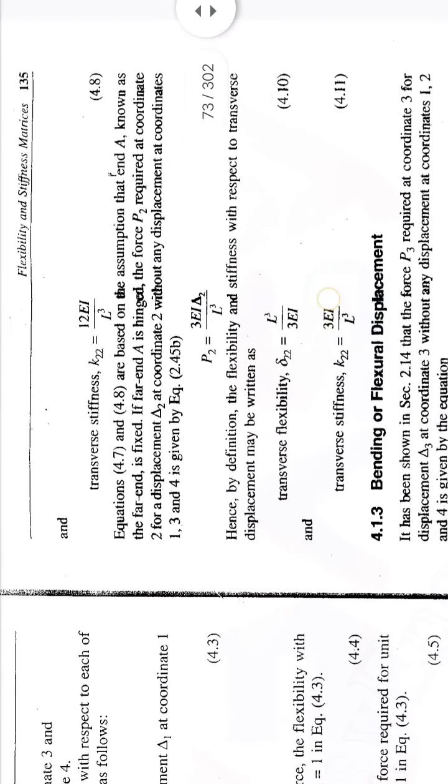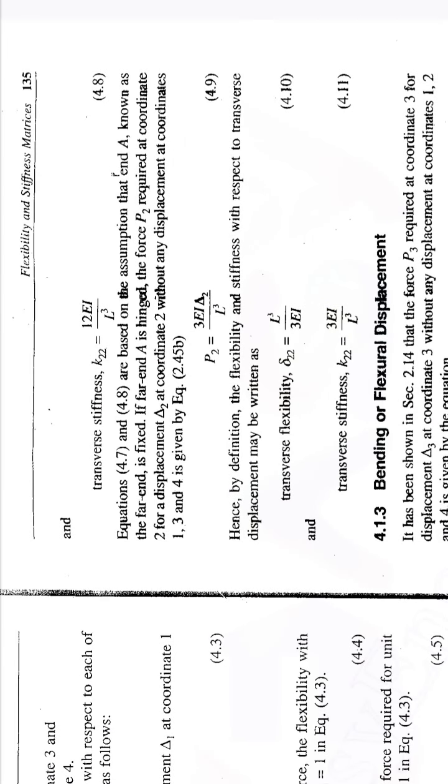Next, K22 is 12EI by L cube. And if the far end is hinged, then P2 is equal to 3EI delta 2 by L cube, delta 22 is L cube by 3EI, and K22 is 3EI by L cube.